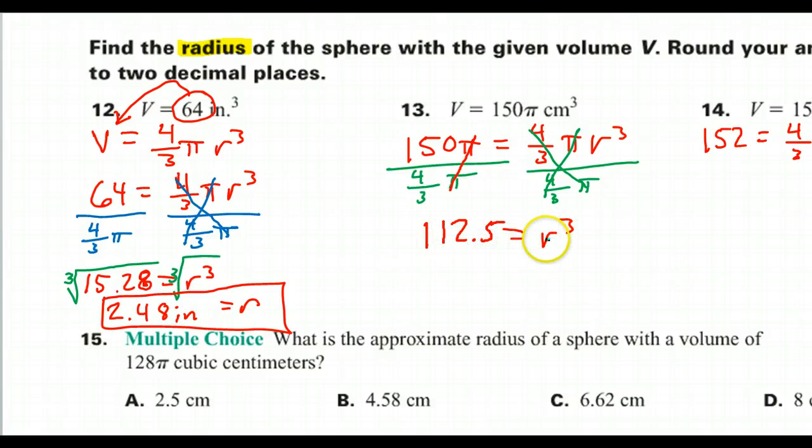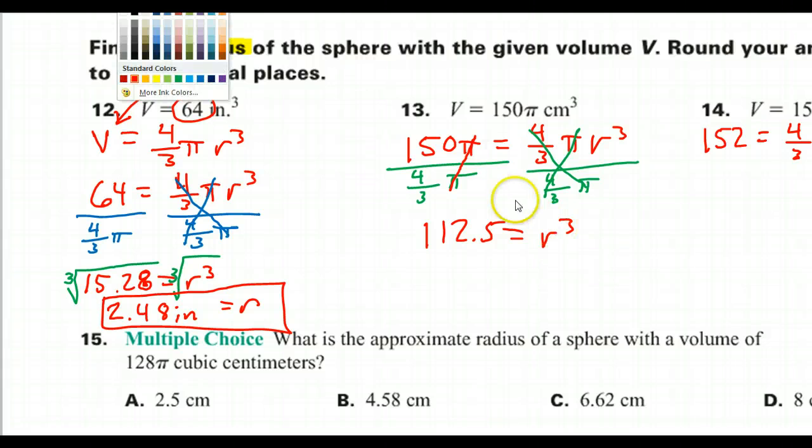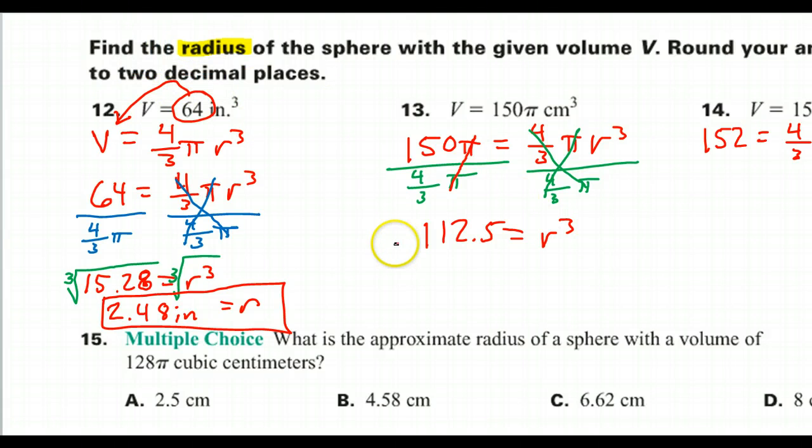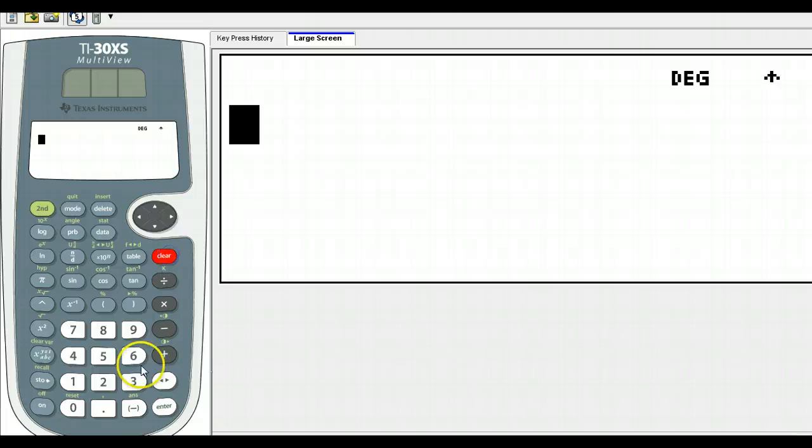Now how do I get r by itself when it's cubed? Again, you can uncube something using the cube root. Do you remember how to put this in your calculator? Cube root of 112.5. Remember you have to hit the 3 first, and then you hit second, hit that caret, and that will give you the cube root.